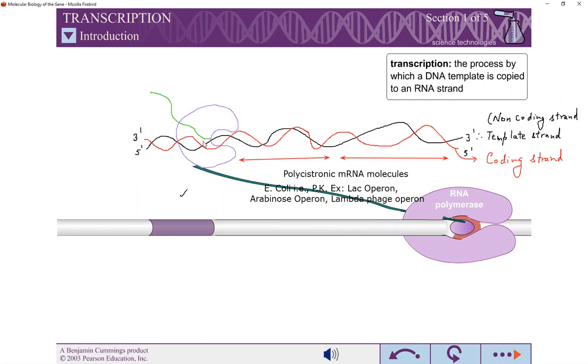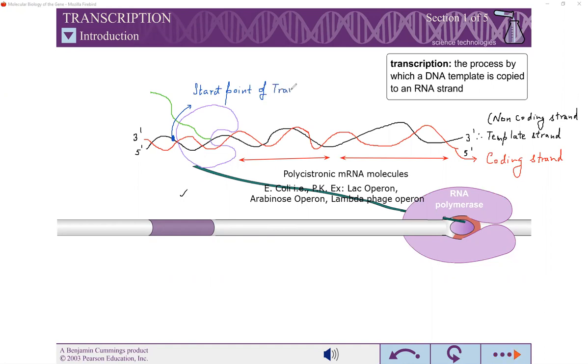Now, supposing there is a start point of transcription, and I'm marking the start point in blue. From there, the transcription has started.